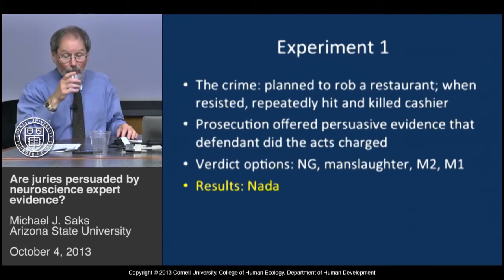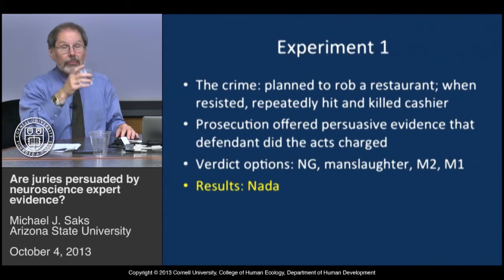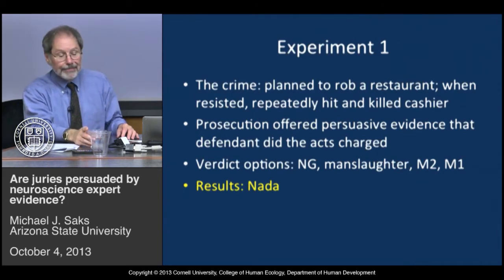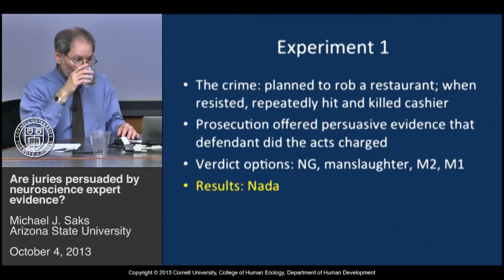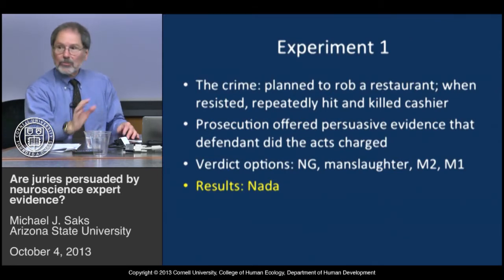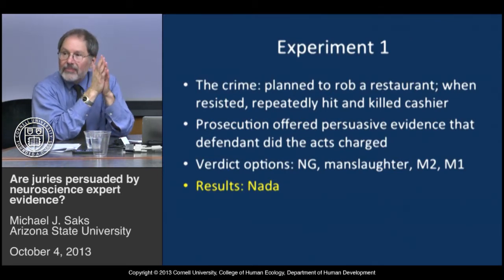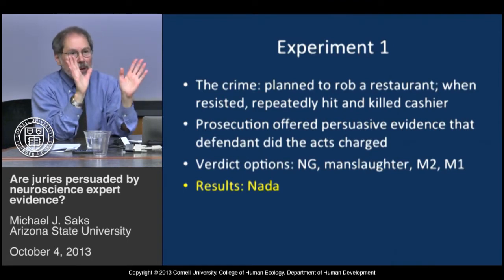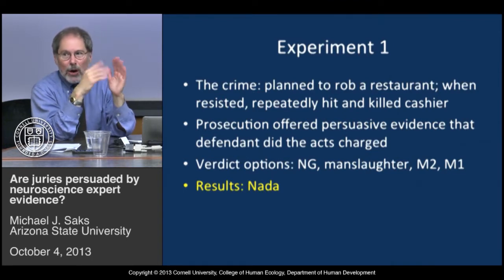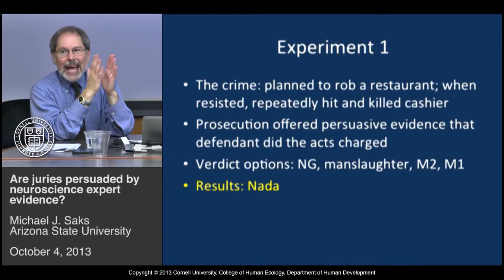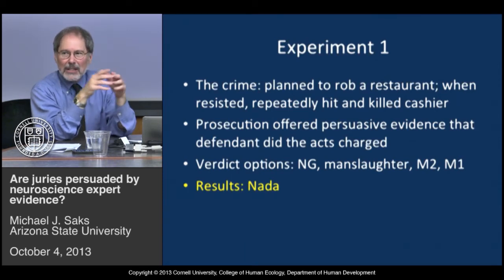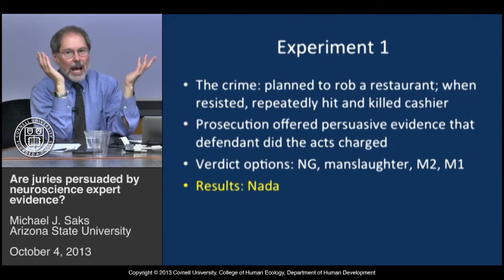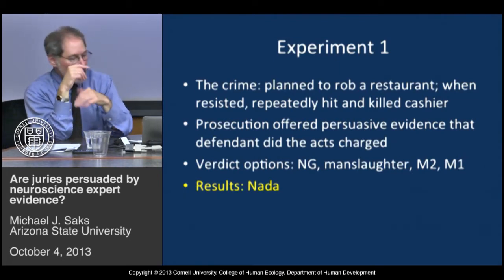Wouldn't the ambiguity affect whether the neuroscience evidence has an effect or not? In other words, if it's absolutely plainly clear that the person killed the cashier, but that's not murder. If they are persuaded that he lacked the intent to kill, then it's not the crime, it's not any homicide.